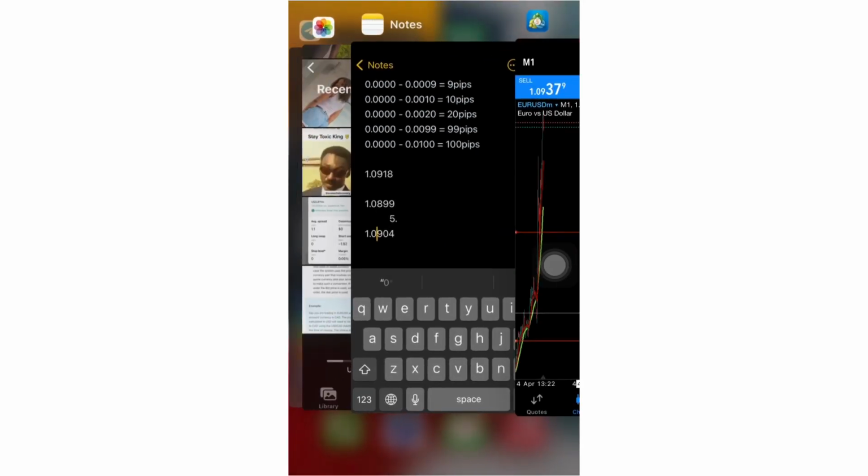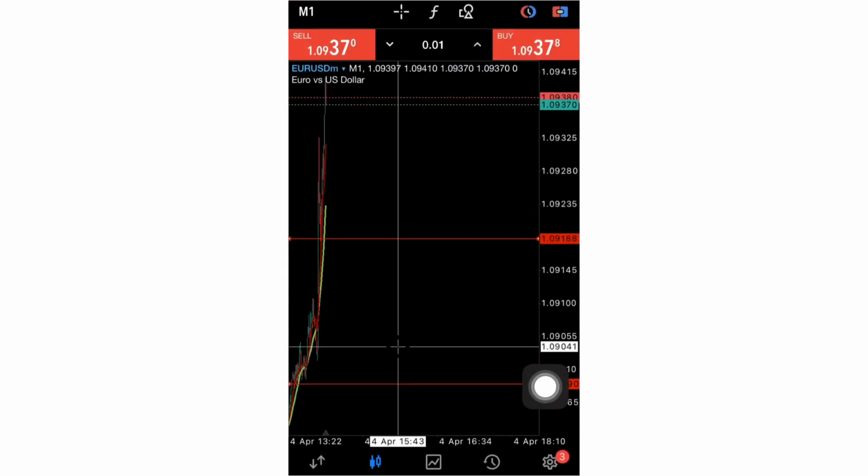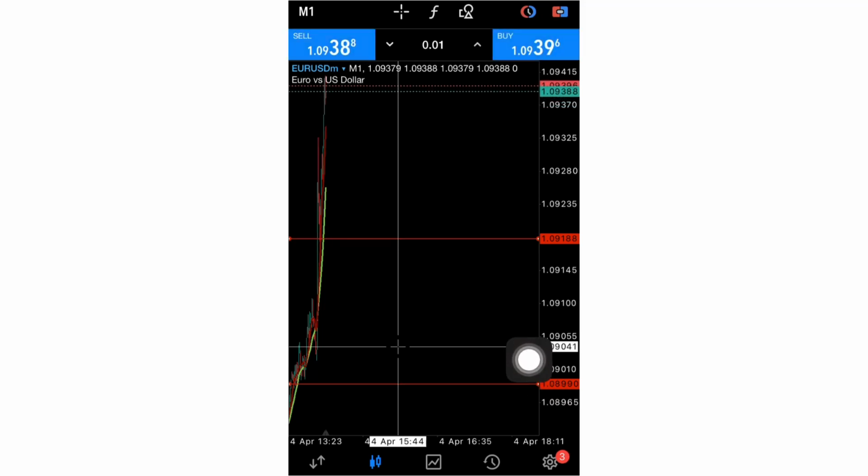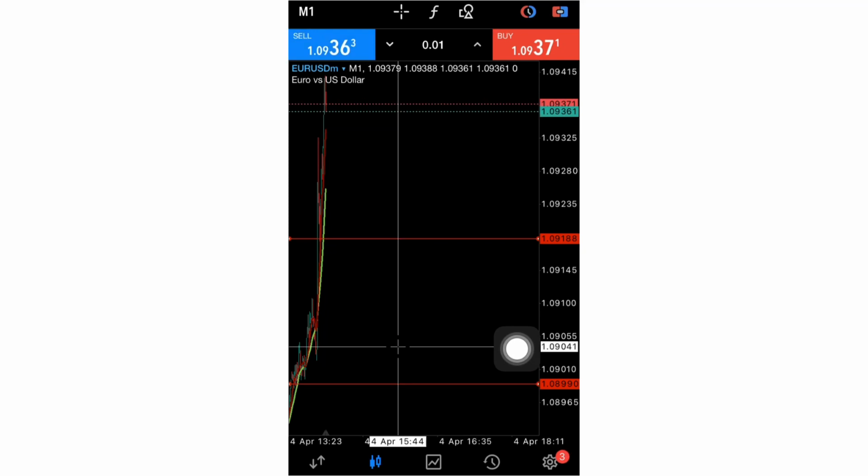I think so. That's what we have. 0904. Can you see? 0904. So suppose I say I want to use 5 pips as my exit point. This is the price I'm going to use for this type of calculation, with 4 numbers after the decimal. Take note of what I'm saying. So you see now, this is exactly what I have.